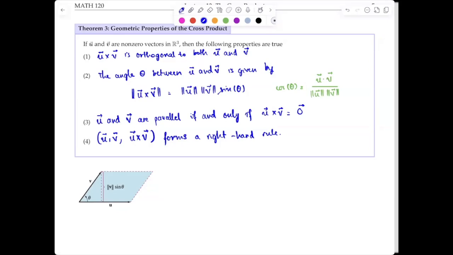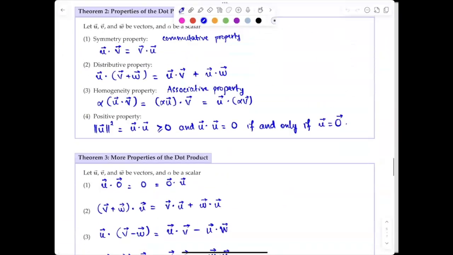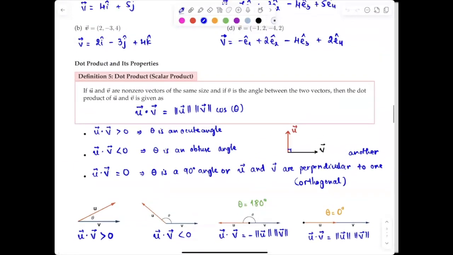In the dot product, you can calculate the angle between the two vectors, but they have a different approach on how you interpret the result of the dot product. Again, let me go back to the dot product here. So this is the geometric interpretation of the dot product. Depending on the dot product, you can have different types of angles.